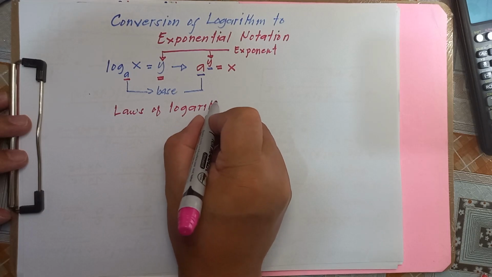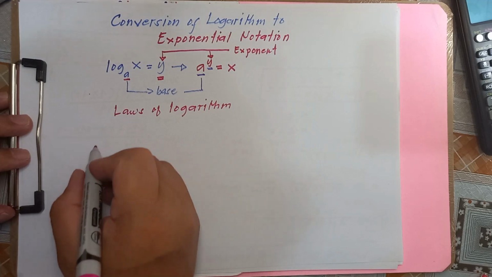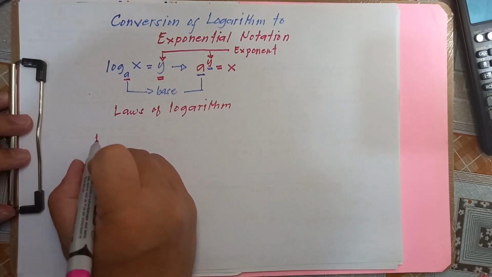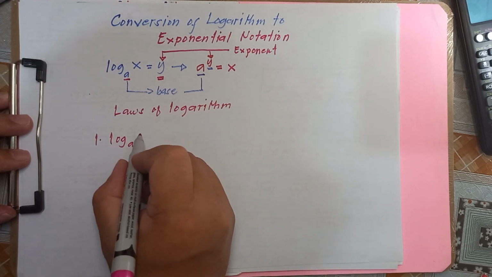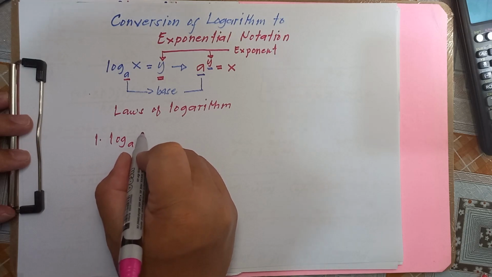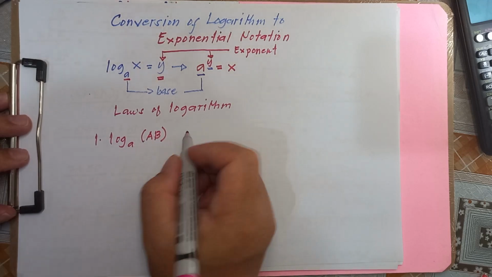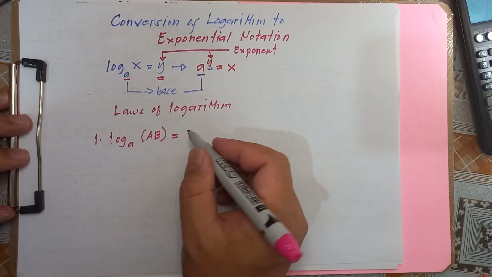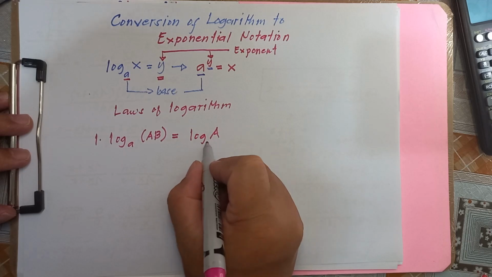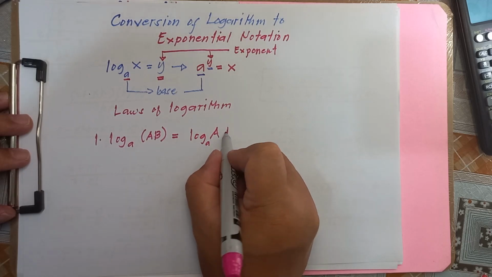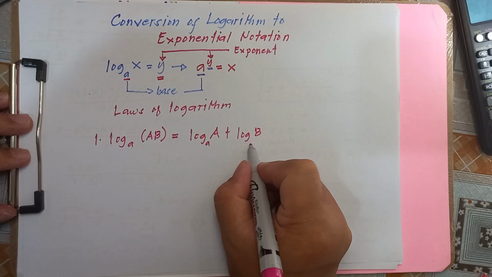The first one is the log of the product AB to the base a, which is the same as log of A to the base a plus log of B to the base a.